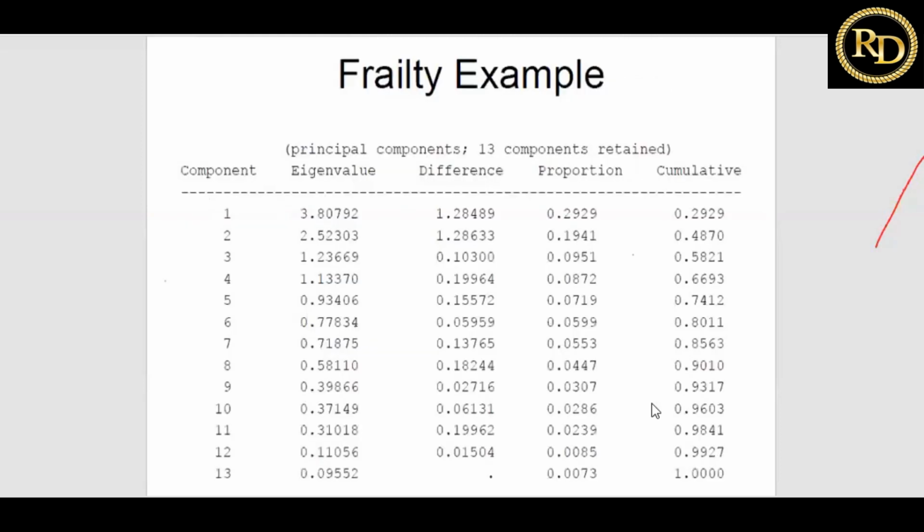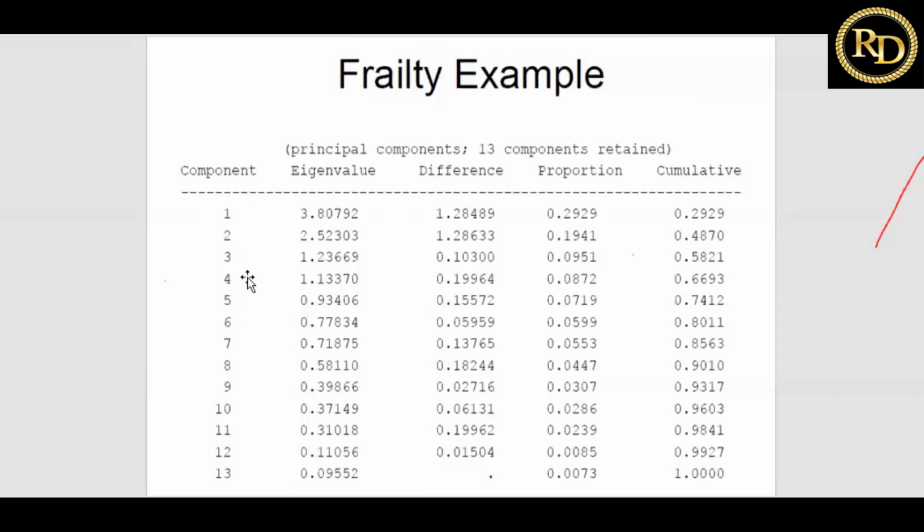Again, I'm coming back to the parity example. Here we see the components: the first component, 2, 3, 4, up to 13 components. Then eigenvalue, differences, proportion, and cumulative are there. How many values are coming more than 1?